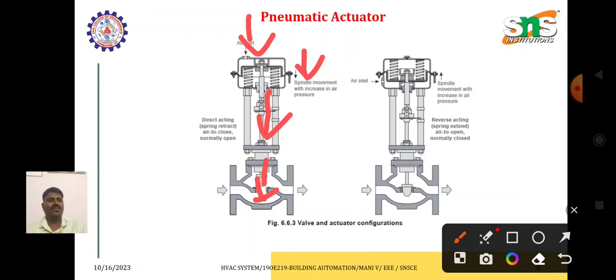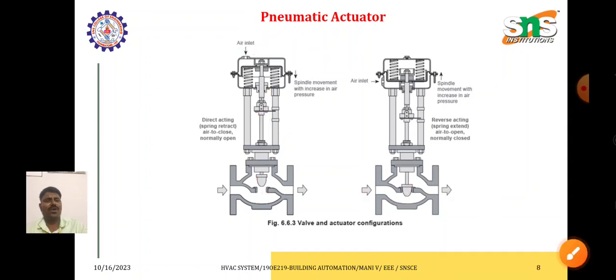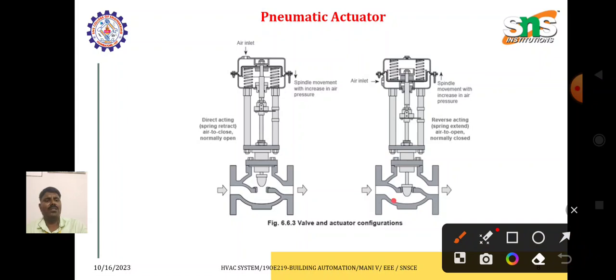And if you go to the second figure, the flow direction is like this. But here the valve is closed, so the high pressurized air is supplied at the bottom of the actuator.